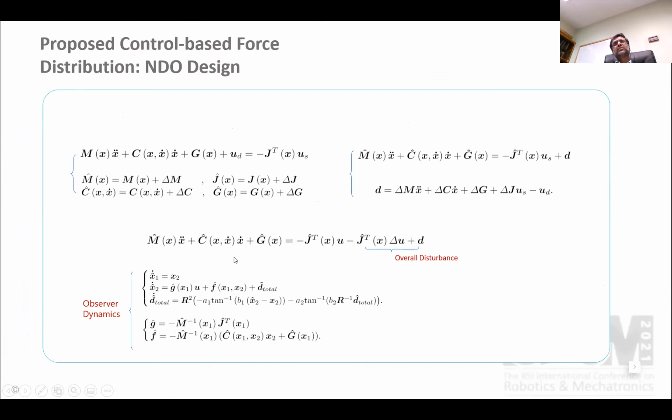The estimation of the effects of the saturation type function is performed by a nonlinear disturbance observer. As you see, this control algorithm is independent from the null space of the Jacobian. In this slide, you see the observer dynamics and the total disturbance, which is estimated by the observer dynamics.